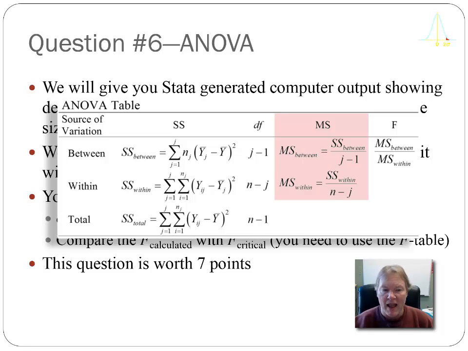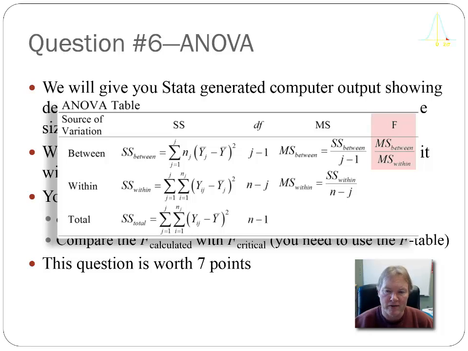We can also calculate the MS within, which is the sum of squares within divided by its degrees of freedom, N minus J. So going from the sums of squares and degrees of freedom to the mean squares, we simply take the sum of squares divided by the degrees of freedom to get the mean square. Finally, the statistic that we're most interested in is the F statistic, which is the ratio of those two mean squares.